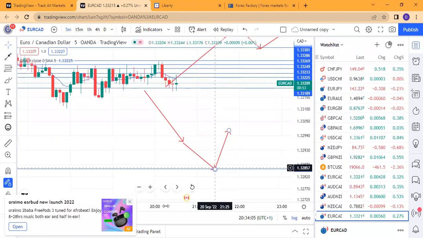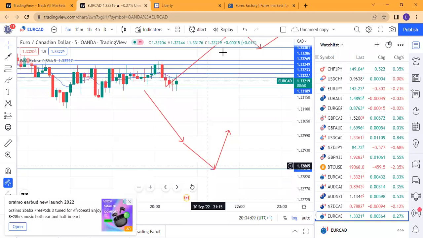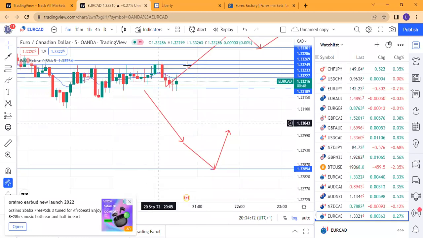And if you also check, you see they are not really active. So the best thing is just wait for your zone. If you chart up the market, it's surely going to respect your zones.